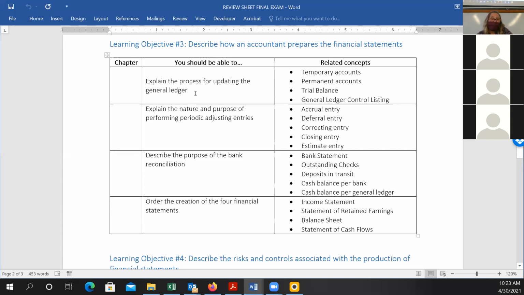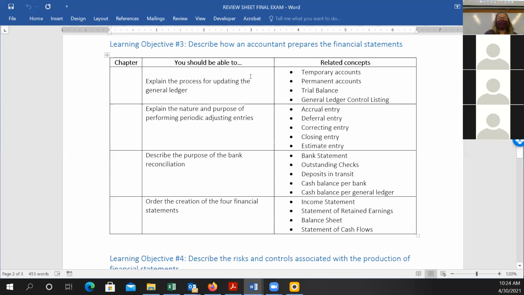We started that on Wednesday when we were taking the totals from the subsidiary journals, like the payroll journal, the cash receipts journal, the cash disbursements journal, and transferring them to the general ledger. We started with some of the adjusting entries.